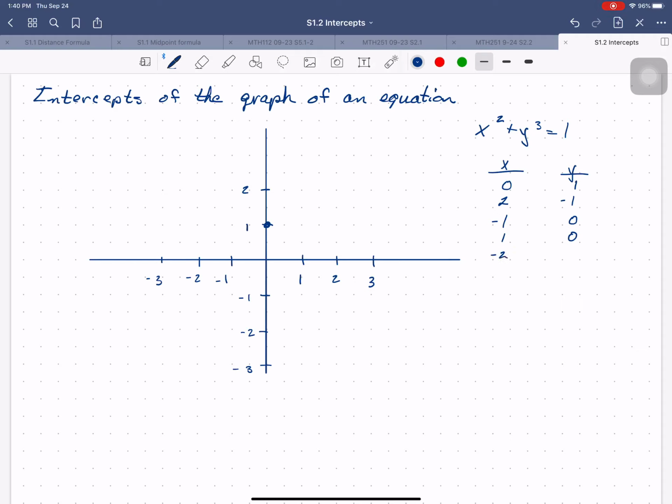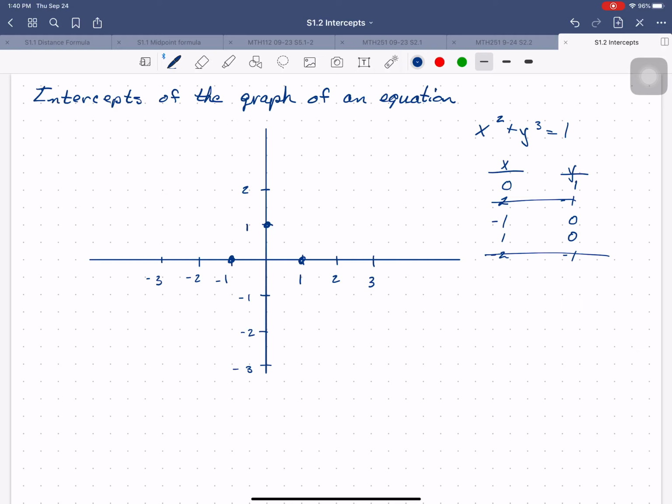And if x is negative 2, y is also negative 1. All right, so I've got a couple of points. I've got the point negative 1, 0, the point 1, 0, the point, those are not right. This is incorrect and this is incorrect. There we go.